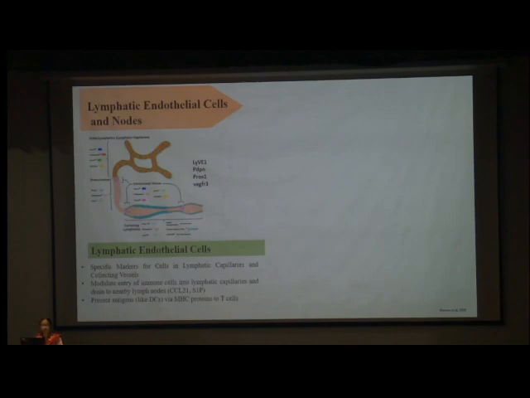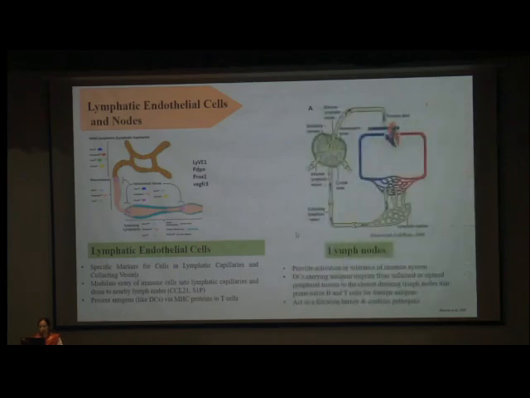And in my study, I'll be talking about LYVE1, podoplanin, PROX1, and VEGFR3. And these lymphatic endothelial cells, besides lining the covering, are not just passive covering cells, but they also modulate the entry of immune cells into these capillaries and drain them into lymph nodes. So they also have an immunogenic role in these vessels.